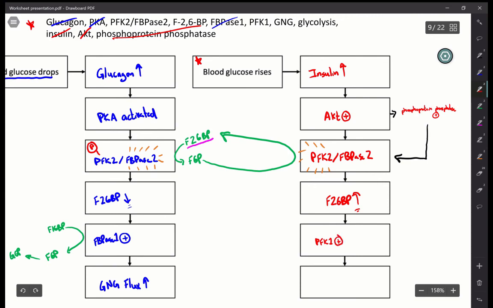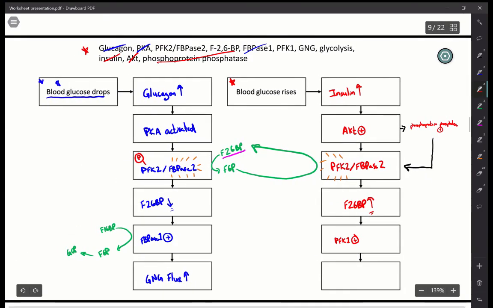Now if you remember what PFK1 does, it's part of glycolysis. It's going to take fructose 6-phosphate and make F16BP, fructose 1,6-bisphosphate. It takes ATP to do that.